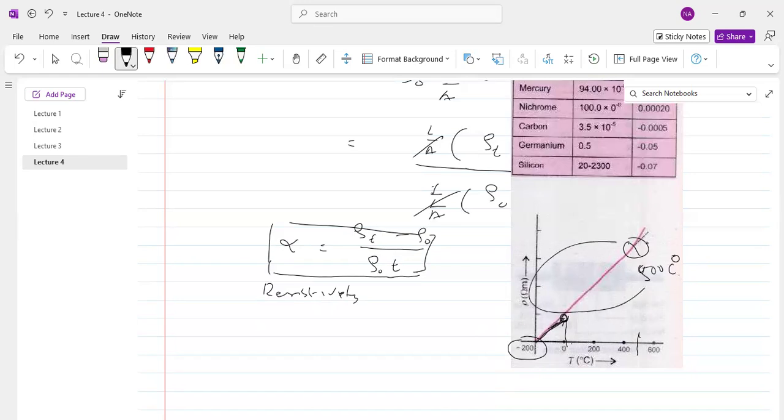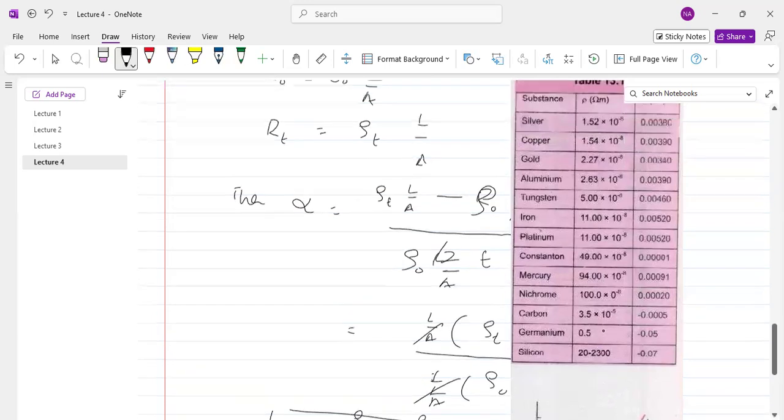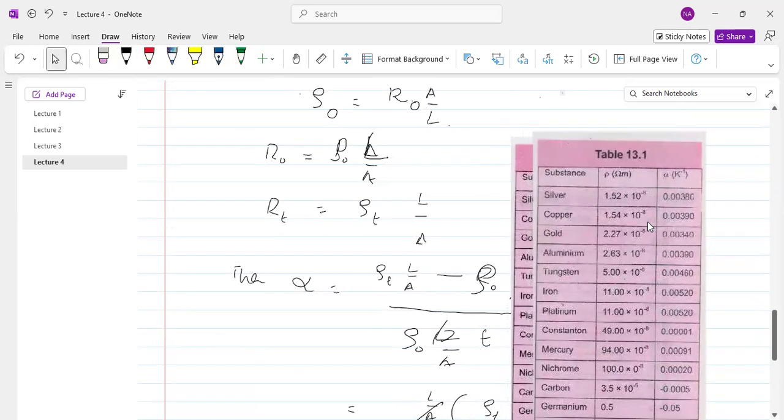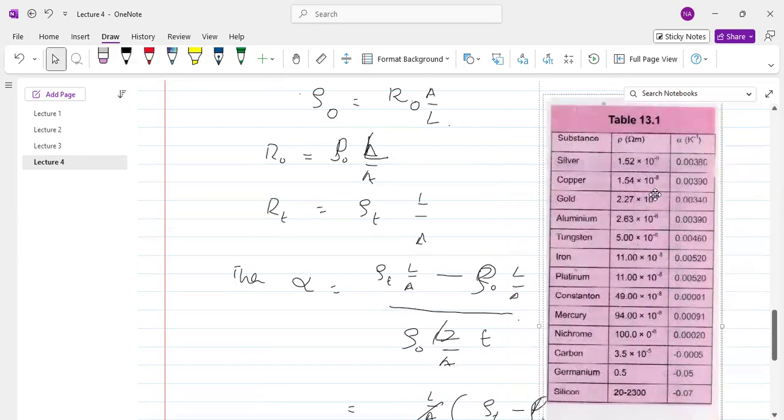So this is the basic concept due to which we define the temperature coefficient of resistance, and I have explained how it is defined. Here is the table of different substances.